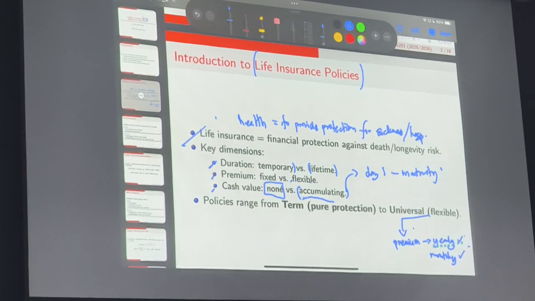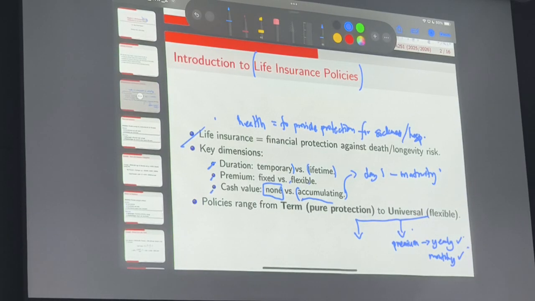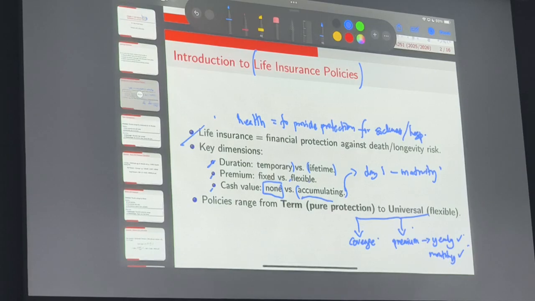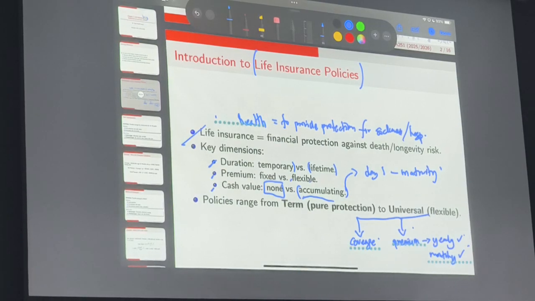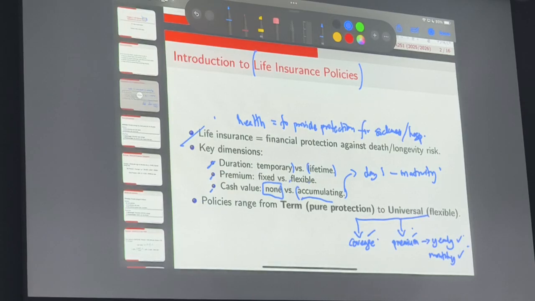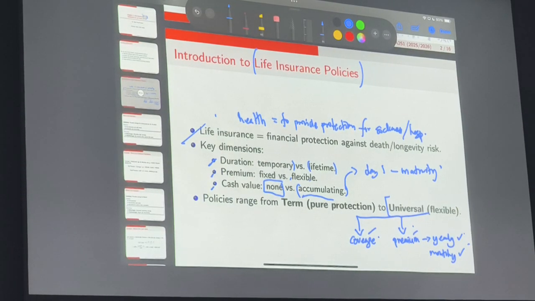Oh, you want to upgrade the policy, you want to increase the coverage. So it is flexible. You nak increase coverage ke, you nak decrease premium, or you want to increase premium. So it's up to the policy holders.